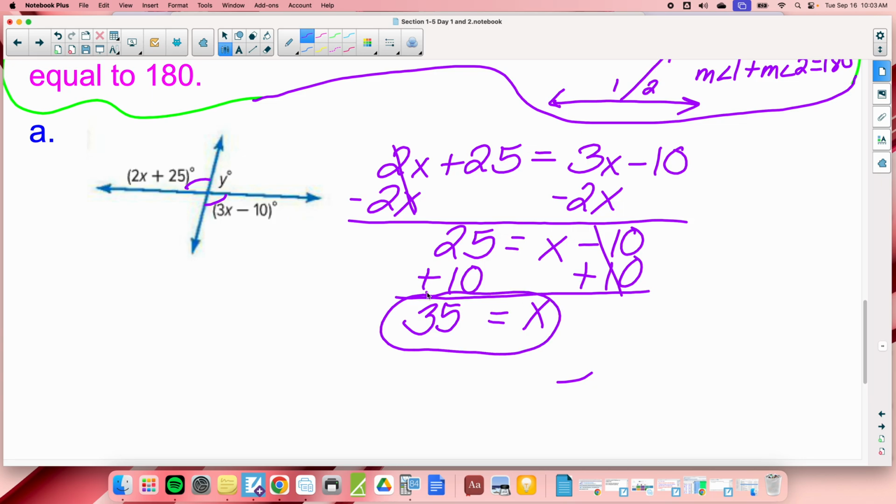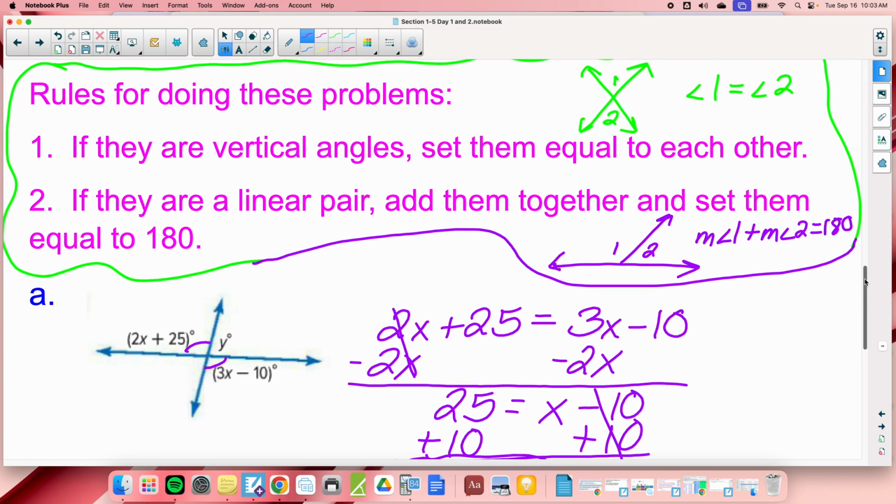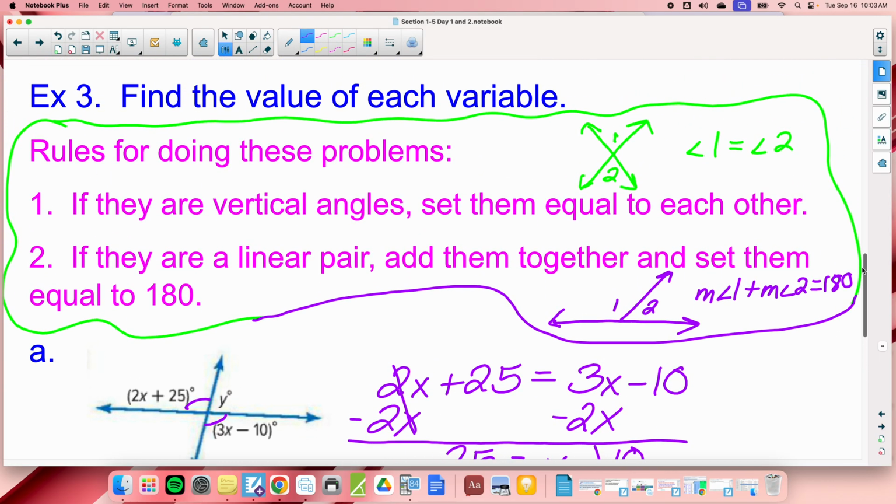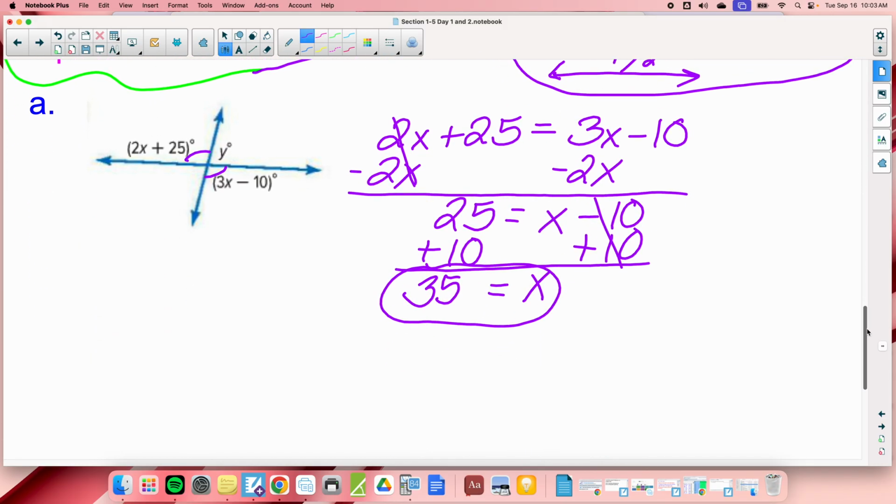Now if you look back at the directions, okay, the directions say find the value of each variable. So we found x, but I still need to find y, okay? So here's what you would need to do.